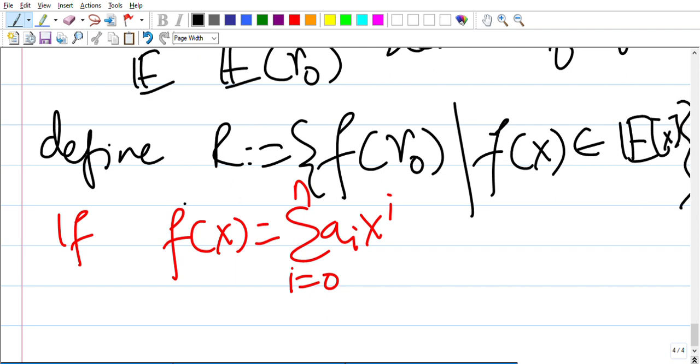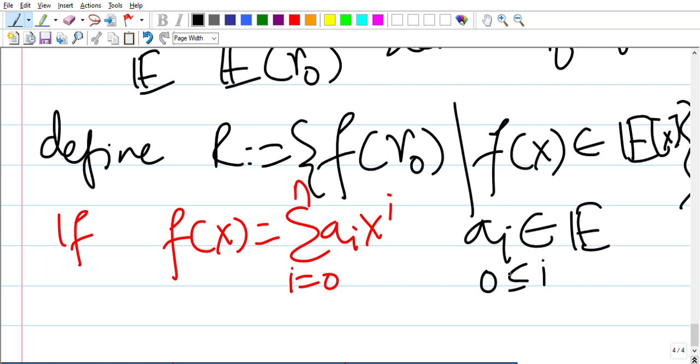The coefficients are coming from E, so all these a_i's here are coming from E for every i lying between 0 and n.